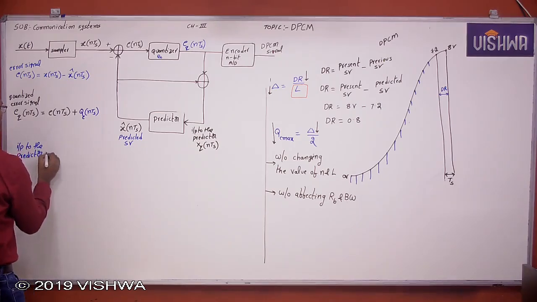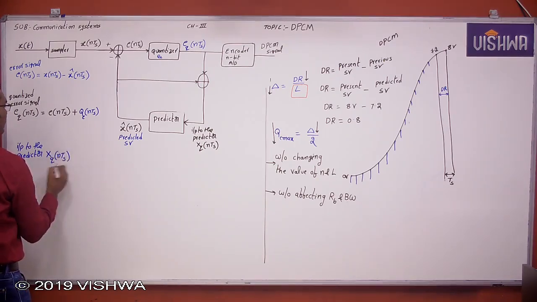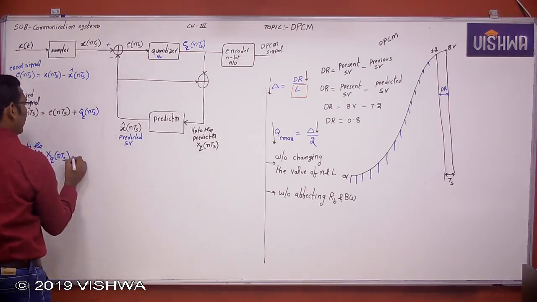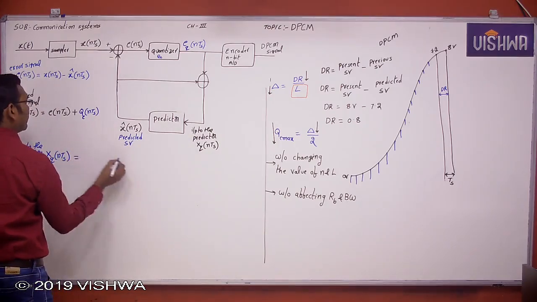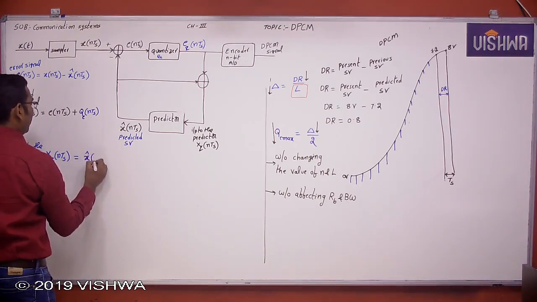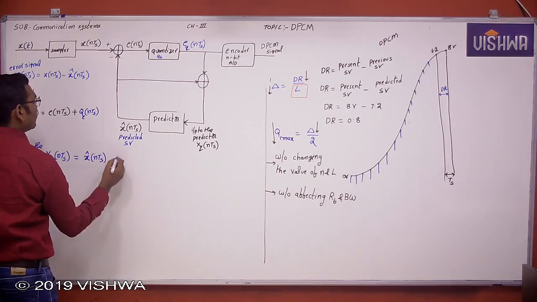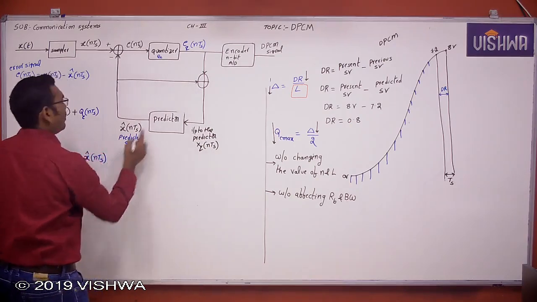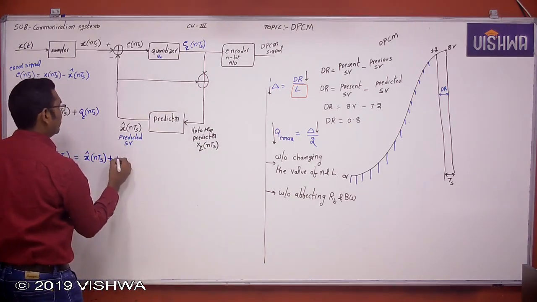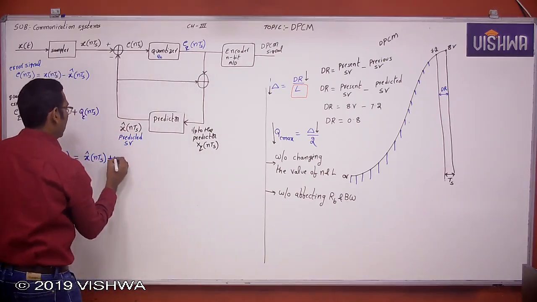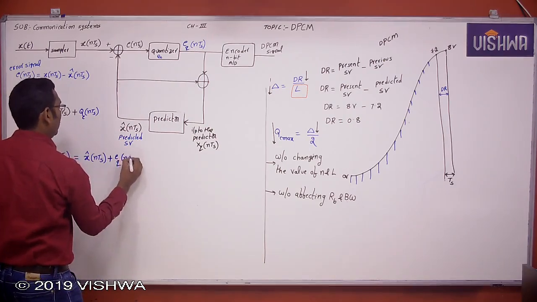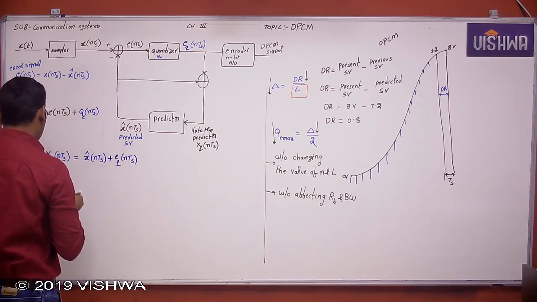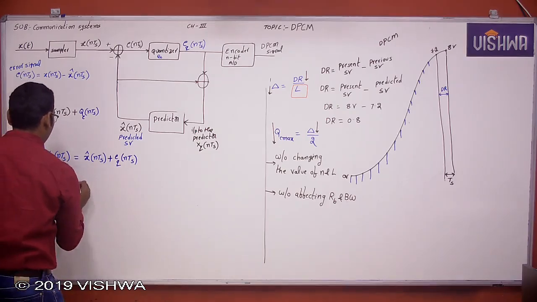The input to the predictor, which is xq of nTs, is nothing but x cap of nTs plus the quantized error signal eq of nTs.